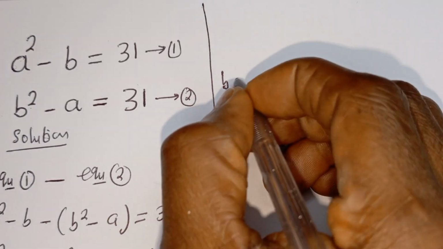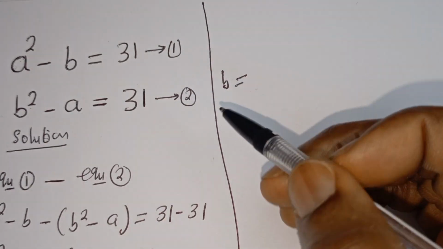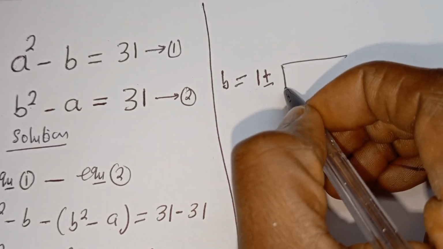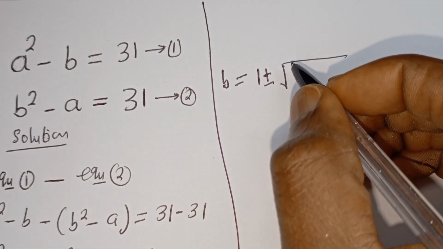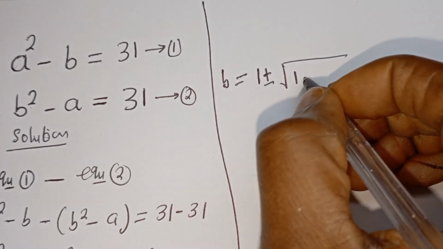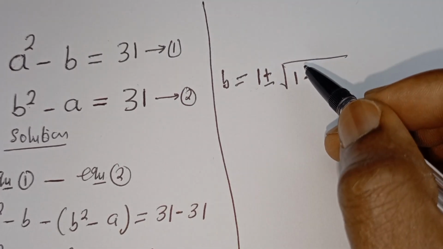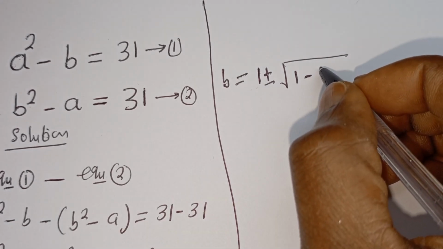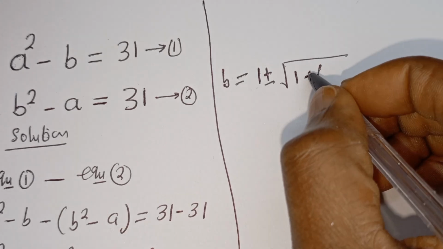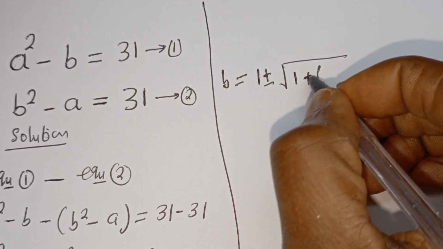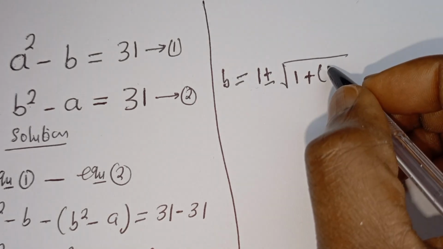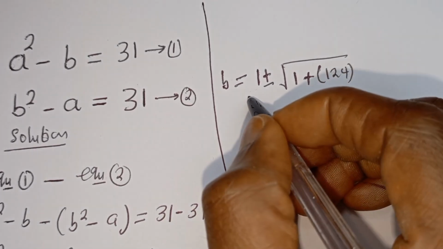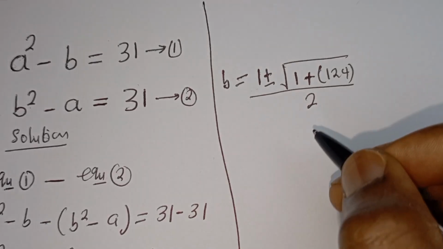Then b is equal to minus times minus 1, that will be plus 1 plus or minus square root of minus 1 square is 1 minus 4 multiplied by 1 multiplied by minus 31, that is plus 124, and over 2.